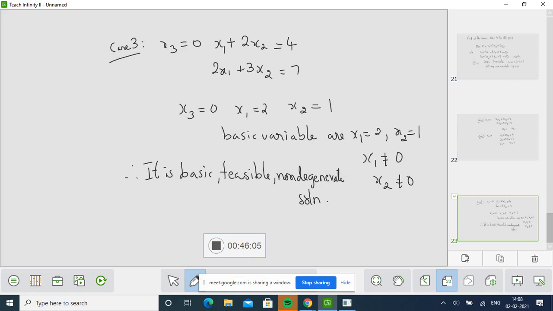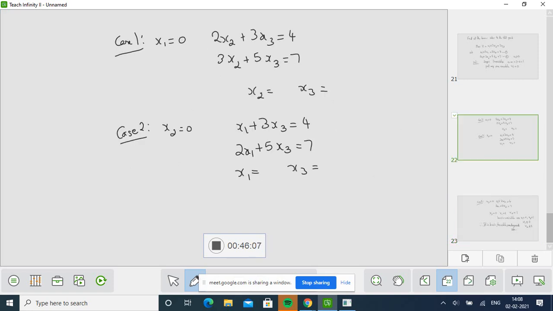Now, we have to do the same thing for case 1 and 2. If you have 2x2 and 3x3, I have to multiply the first equation by 3. I will have 6x2 plus 9x3 equal to 12. Then here I will have 6x2 plus 10x3 equal to 14, multiplying by 2. So x2 is minus 1 and x3 is 2.